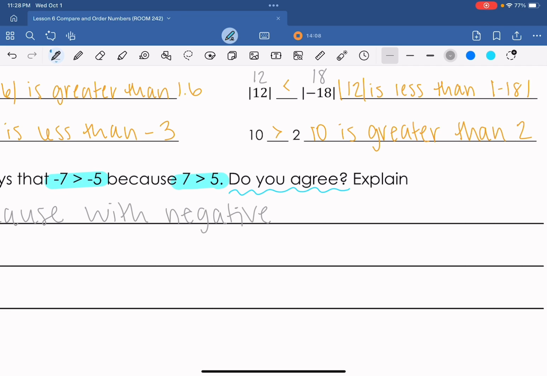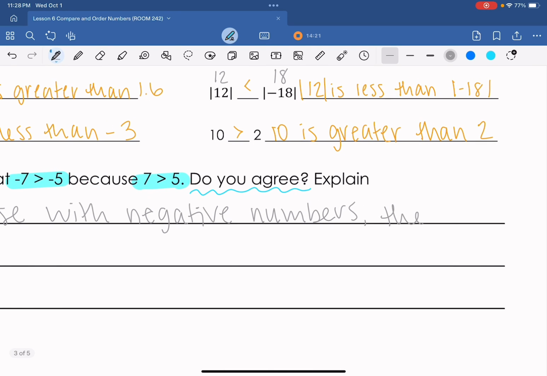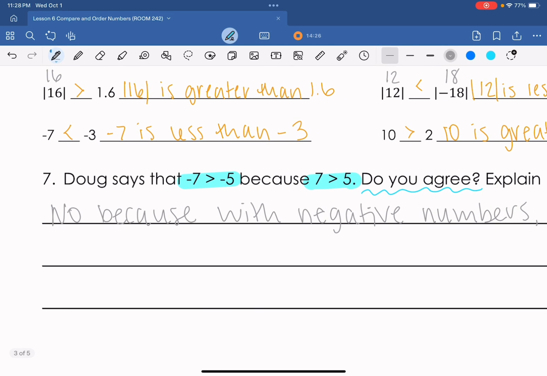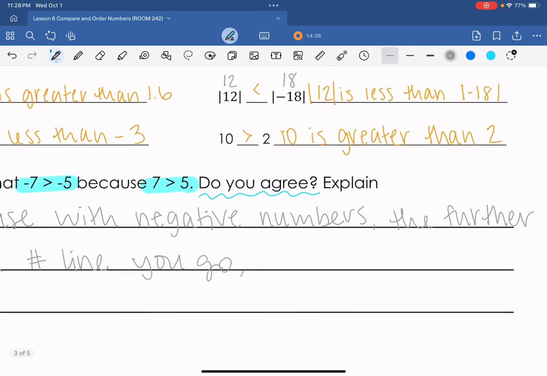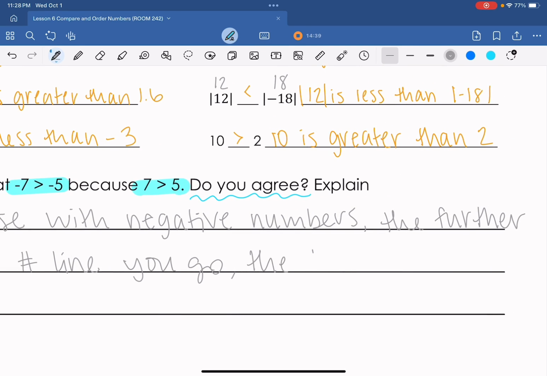So no, because with negative numbers, the further left on a number line you go, the smaller the number is.